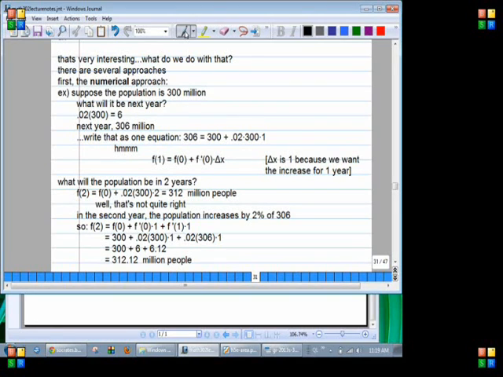This is an Euler approximation. Now, it's a hard Euler approximation because in order to get that 306, what did we have to do? You had to do the first step of the Euler approximation before you can do the second step. And the reason you have to do this is because you've got a very nasty differential equation.